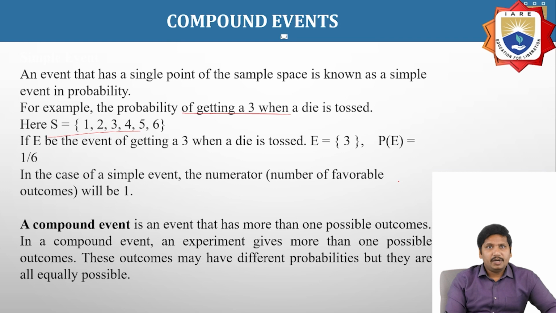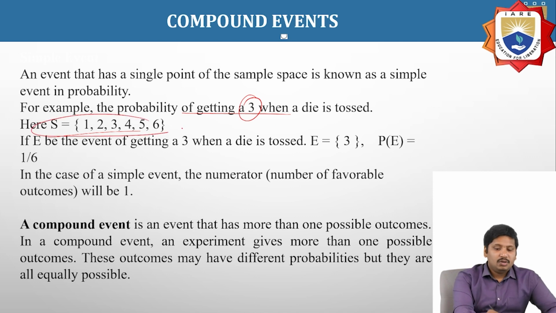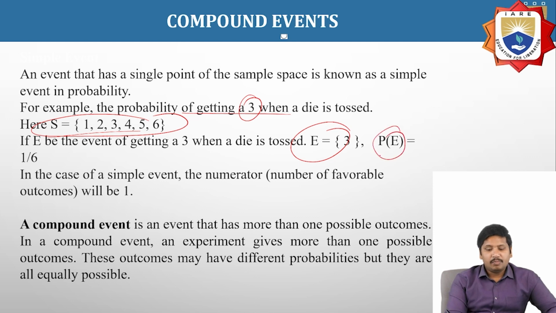What is the probability of that event? The die has values 1, 2, 3, 4, 5, 6, so the probability of getting a 3 is 1 by 6.